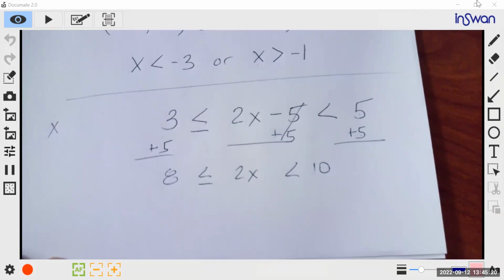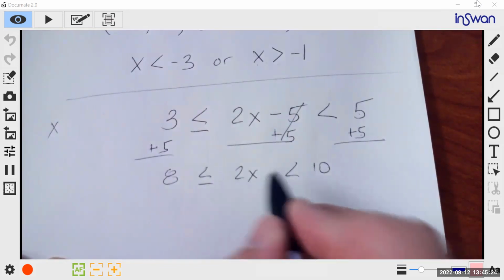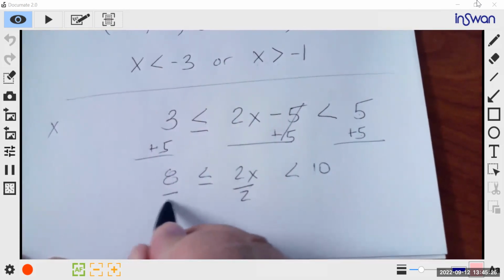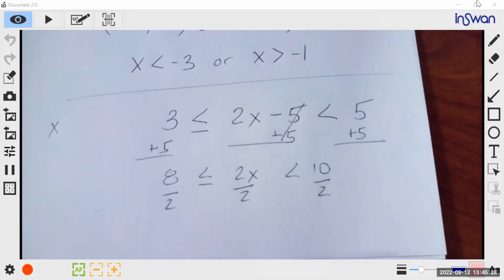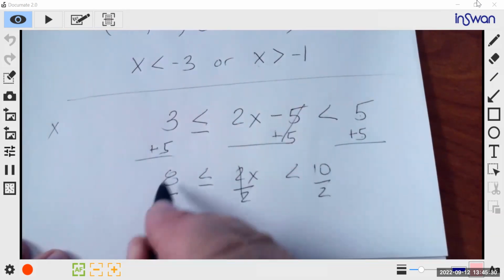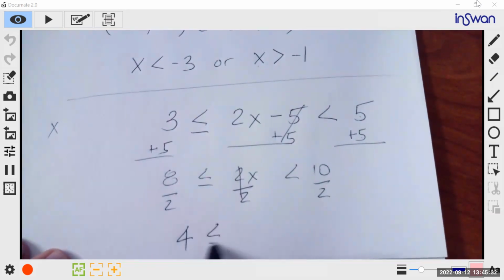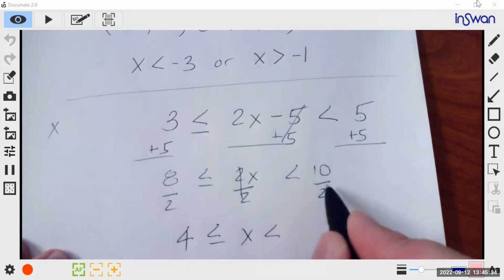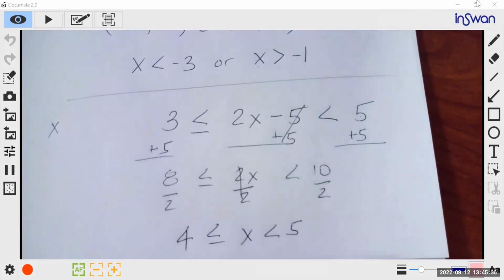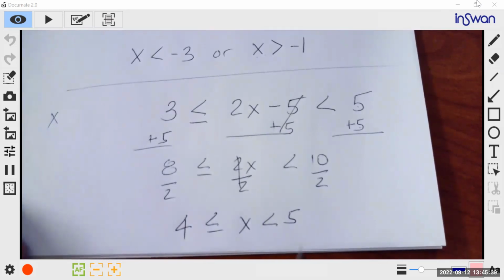What's my next step? I have to get rid of the 2, so I have to divide by 2 across the board. 8 divided by 2 is 4. 10 divided by 2 is 5. So you see this list of numbers is anything between 4 and 5.